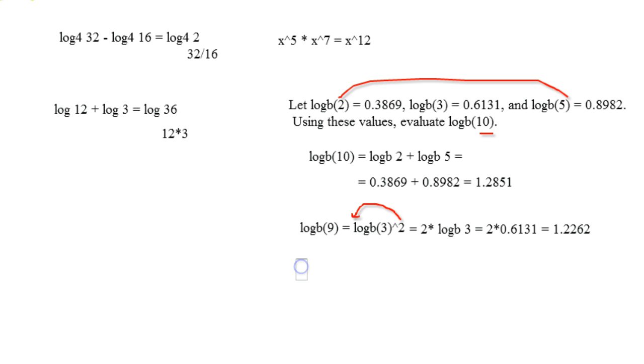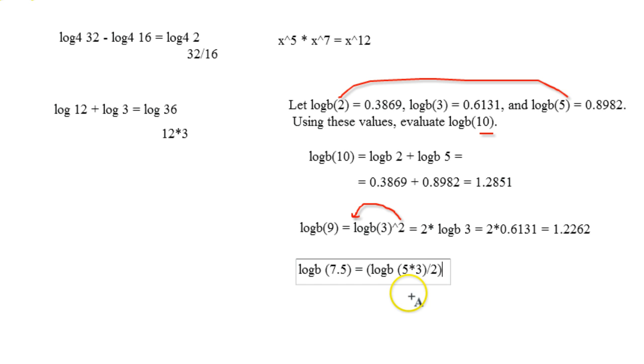Like for example, if I wanted to do log base b of 7.5, I can expand this to be log base b of, well, it'd be 15, so parentheses log base b of 5 times 3, and then I divide that by 2.